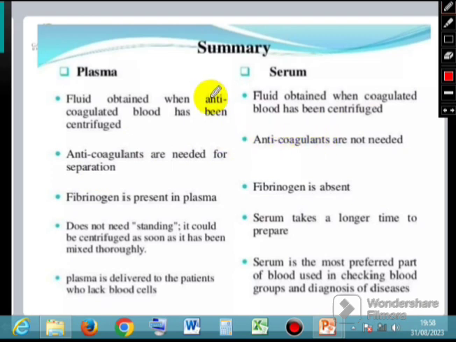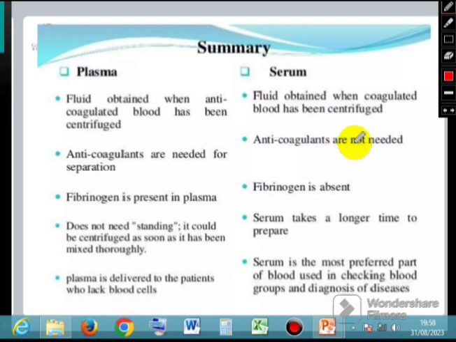Plasma is fluid obtained when anticoagulated blood has been centrifuged. Anticoagulated blood. What is anticoagulated blood? Is it in solid form or in liquid form? Liquid.